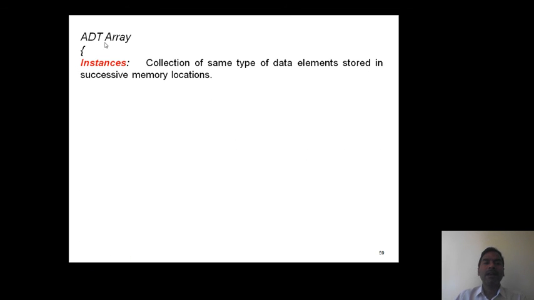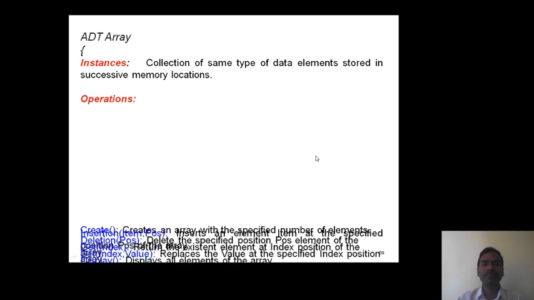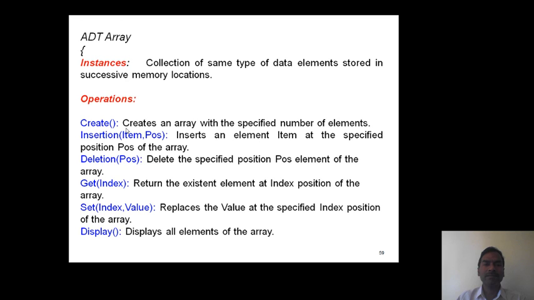Here instances are a collection of same type of elements. Those are stored in successive memory locations. Whereas the supporting operations are create, insertion, deletion, get, set and display operations.